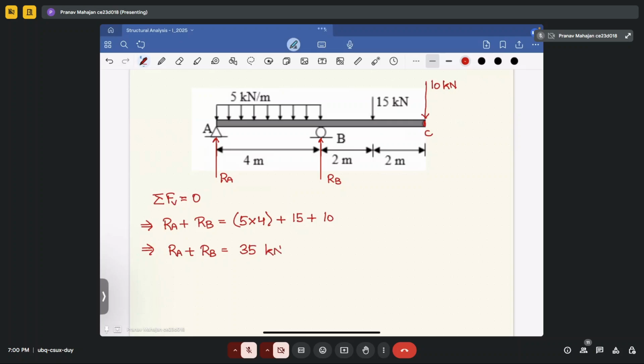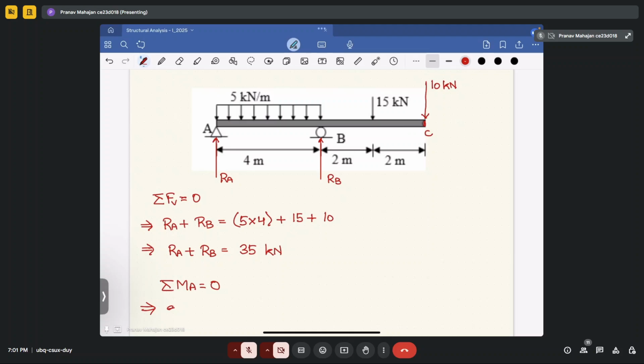Now you have to determine the value of RA. So how will you do it? You will take moment about point A equal to 0. Now in this case, take all the clockwise moments to be positive and anti-clockwise moments to be negative.